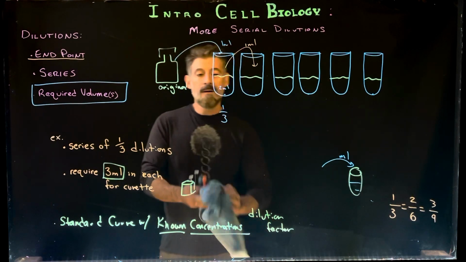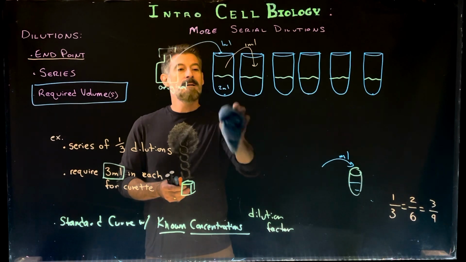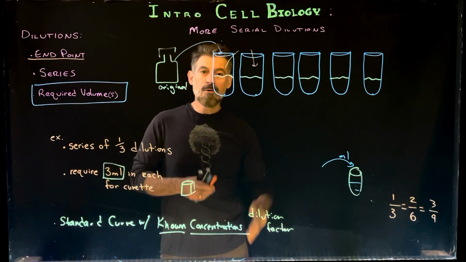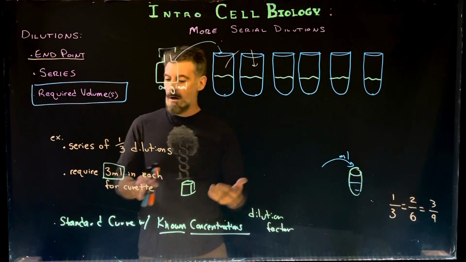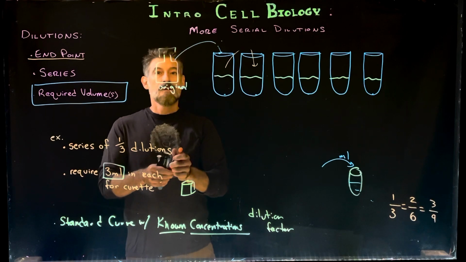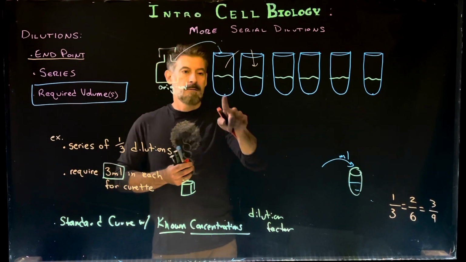So in our scenario, we're going to do this a little bit differently. In our planning of how to create the dilutions, I'm going to know that I need at least 3 milliliters.